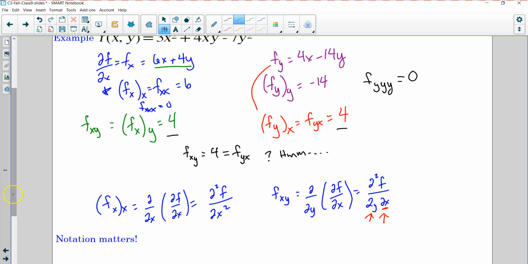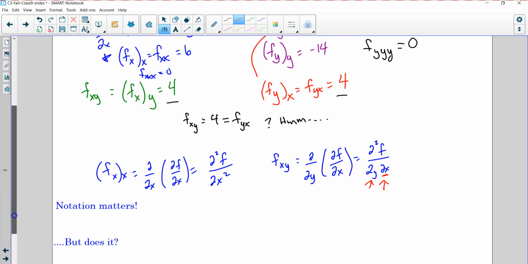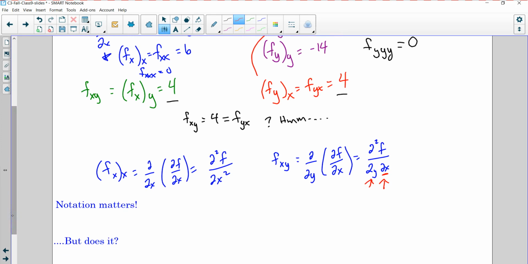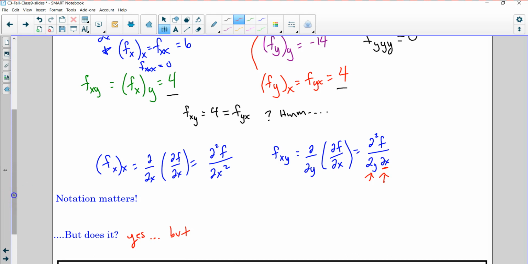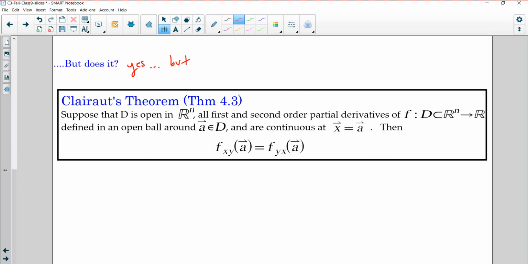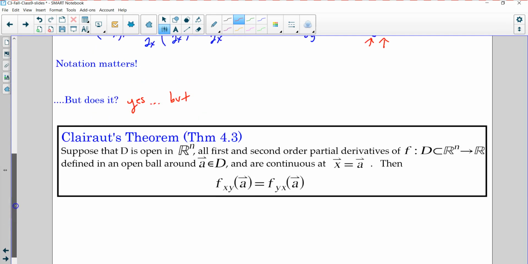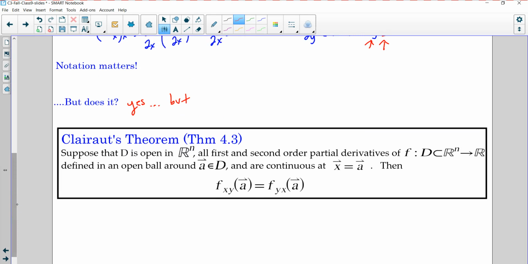I say that a bit tongue-in-cheek because I'm going to ask this question: does the notation really matter? Well, mathematically speaking, of course. But at least in the case when we have mixed partial derivatives, we have an amazing theorem proven by a French mathematician called Clairaut. All this assumes is that we have some open domain, which generally we aren't going to worry about too much.